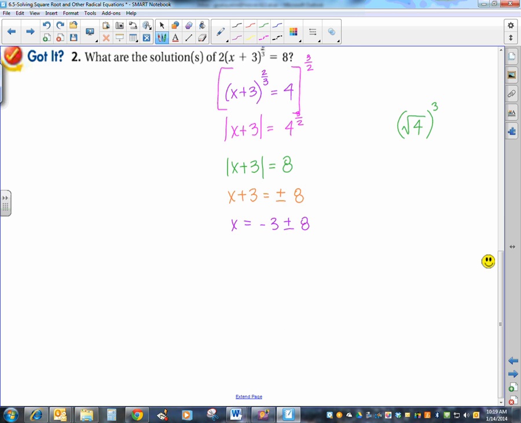And we can't leave it like that. We got to simplify it. So that's x equals negative 3 plus 8 or negative 3 minus 8. So what's my final answer? Negative 3 plus 8 is 5, and negative 3 minus 8 is negative 11. Okay, let's go check.